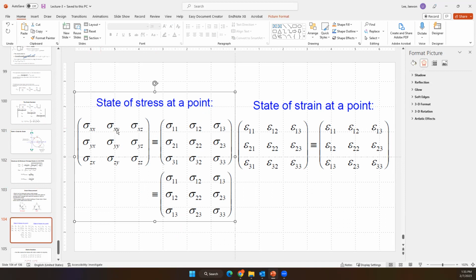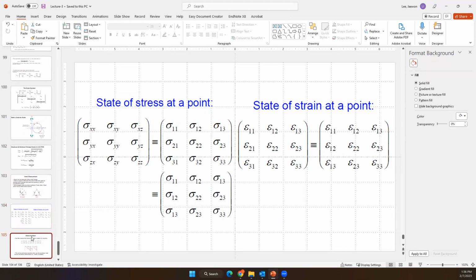Stress is related to sigma 11, sigma 12, sigma 13, sigma 21, sigma 22, sigma 23, sigma 31, sigma 32, sigma 33. But the strain is expressed very much the same, it's exactly the same.